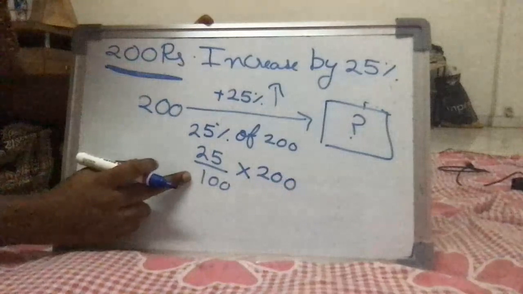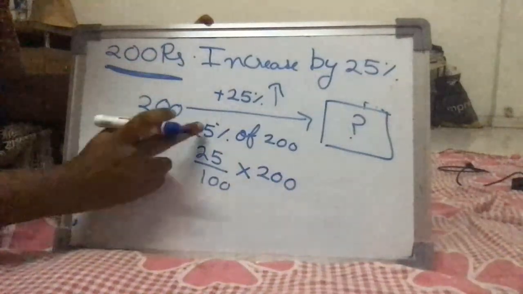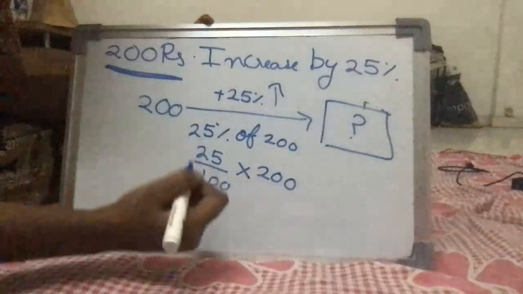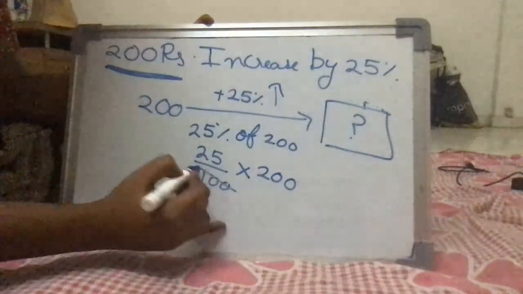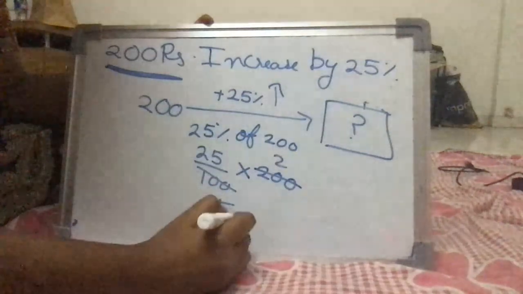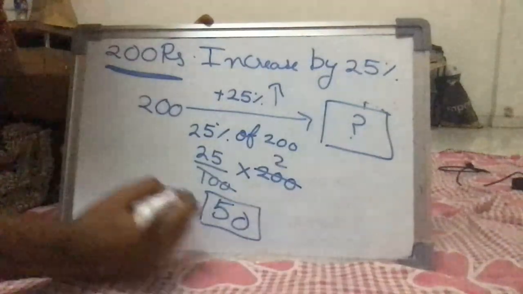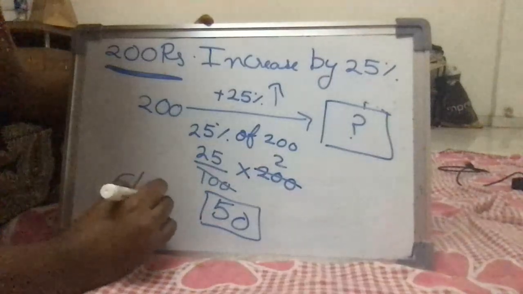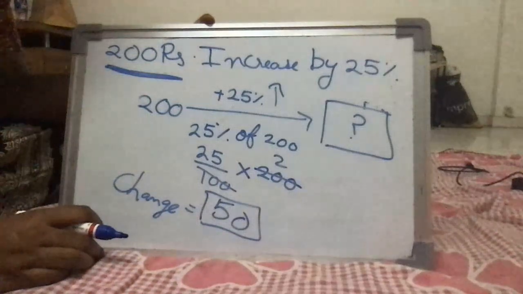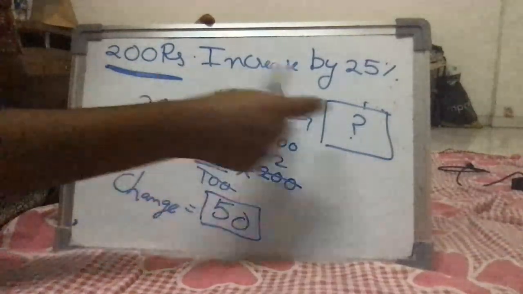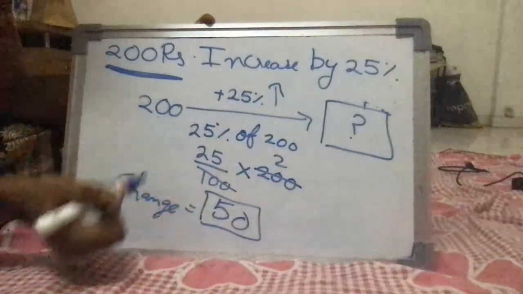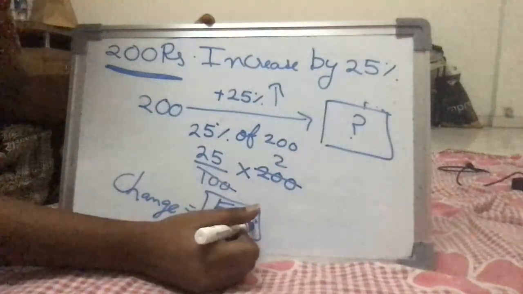This is a concept we learned in percentage of a quantity, if you remember in the previous module. Now 100 ones, 100 twos, 25 twos is 50. This is the change that is happening. From 200 to the final amount, 25% of 200, that is 50 rupees of change, is happening.